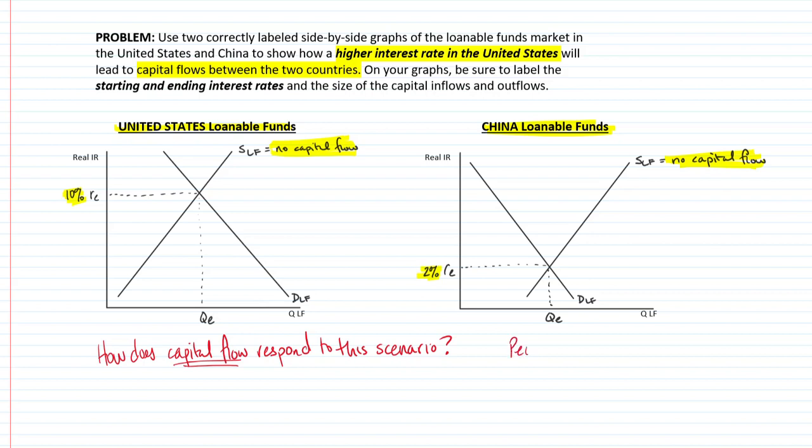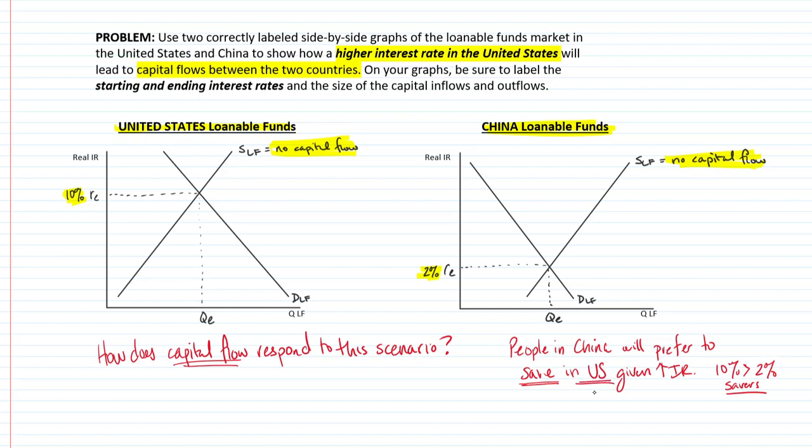People in China will prefer to save in the US given the higher interest rate, right? 10% return is better and preferred to a 2% return for our savers, right? So savings is going to move towards the United States.